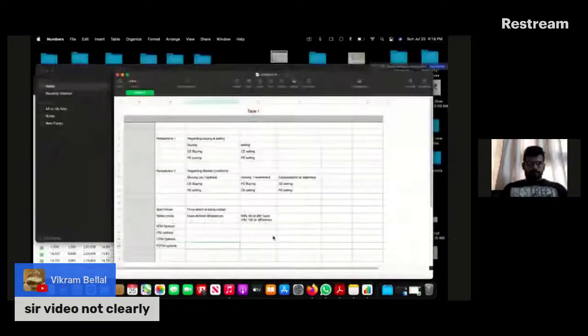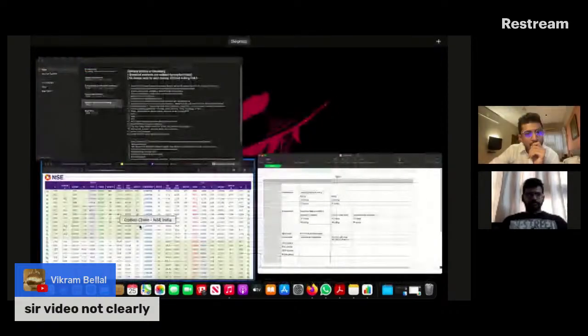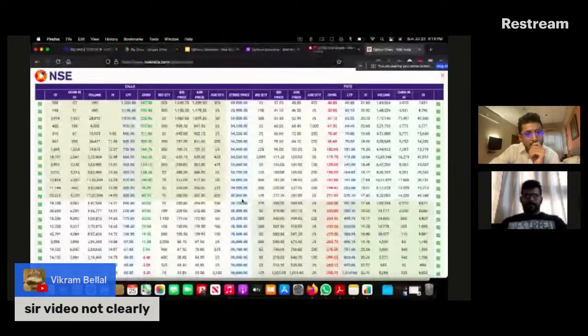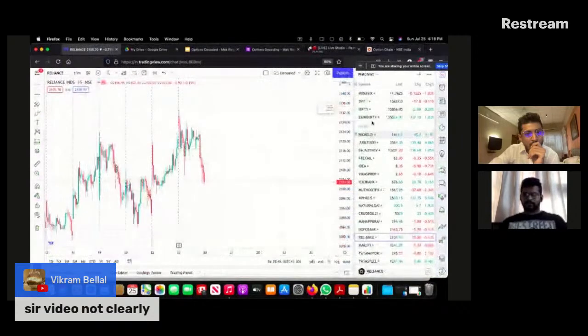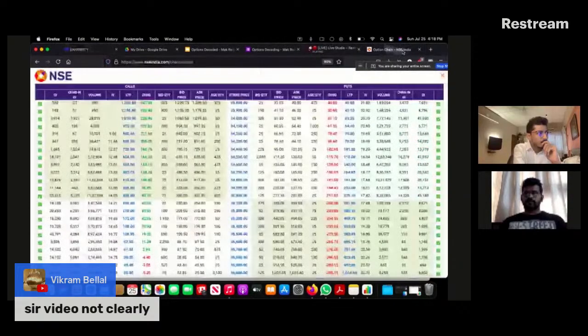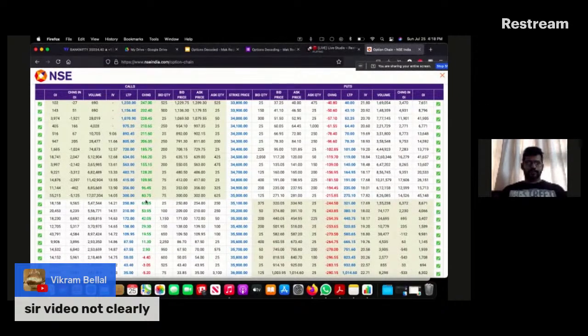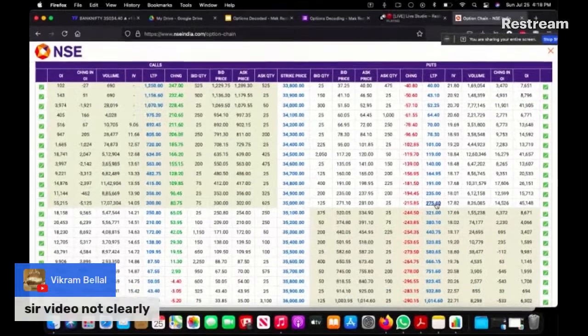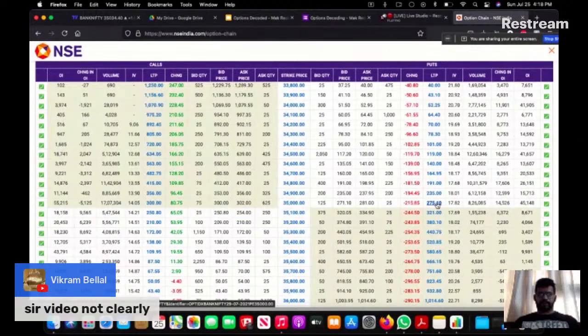At the money, in the sense where the spot price is, we have two options. Now Bank Nifty is at 35,034. We'll have two at the money options. At 35,000, we have a call option and we have a put option. It always has two options.